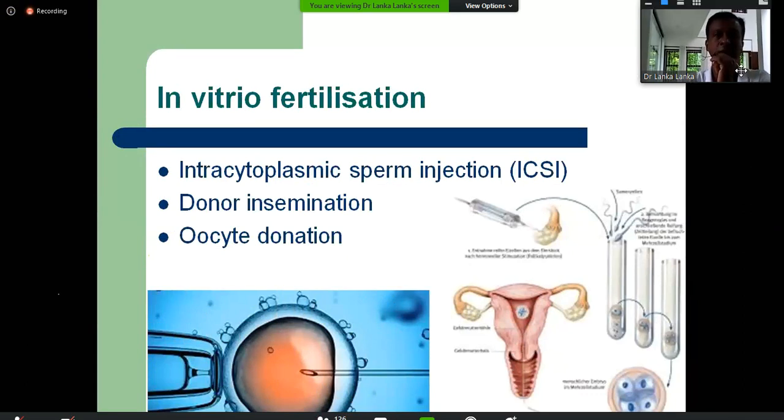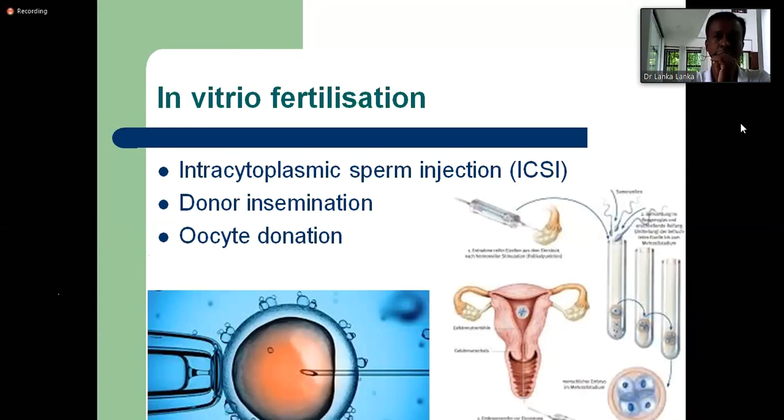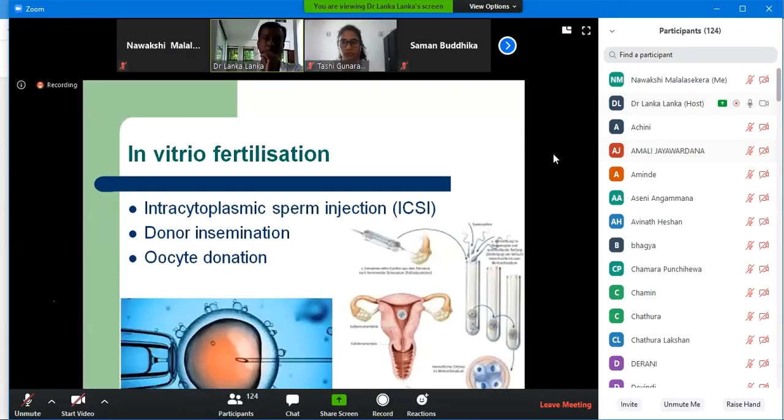What is the definition, how we are going to investigate them, how to assess ovulation, what are the etiological factors, different modalities of treatment for ovulatory dysfunction, then etiology-wise how we are going to treat them, then tubal assessment, primary care level and secondary care level management, and then other advanced reproductive technologies like IUI, donor insemination, oocyte donation, and ICSI. Those are the components of in vitro fertilization.